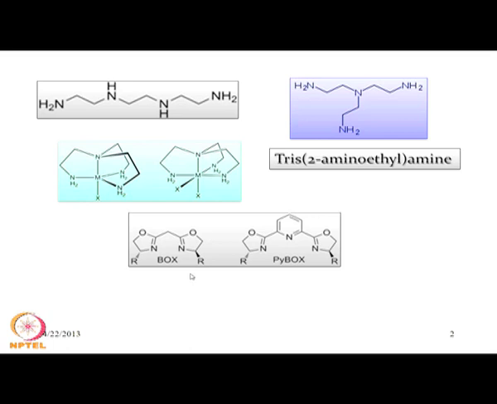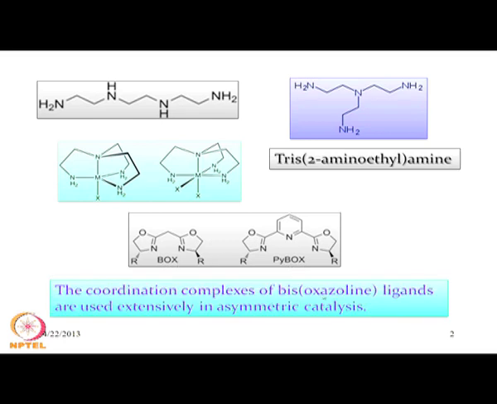Then we can have another type of ligand which is very useful in organic synthesis, known as box, which is bis-oxazoline type of ligand. It is abbreviated as box because this is the oxazoline ring.